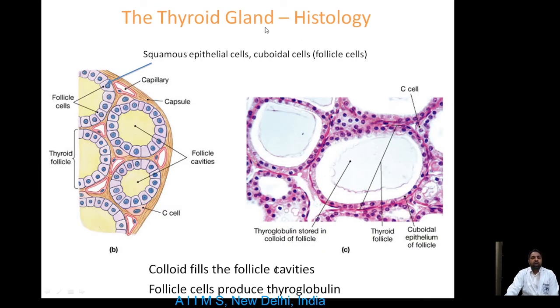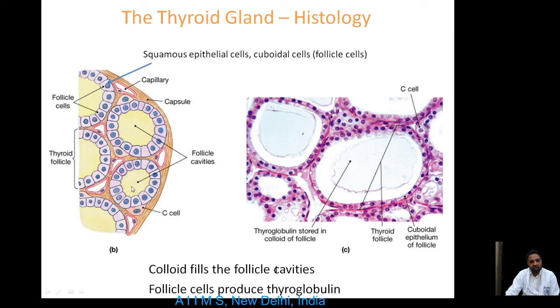So thyroid gland histology. You can see this is an artery, a capillary. It is a cross sectional area of the thyroid gland. This is a membrane. This is a follicular cell, and this is the colloid. This is the epithelial or cuboidal cell, and in between is the cavity.